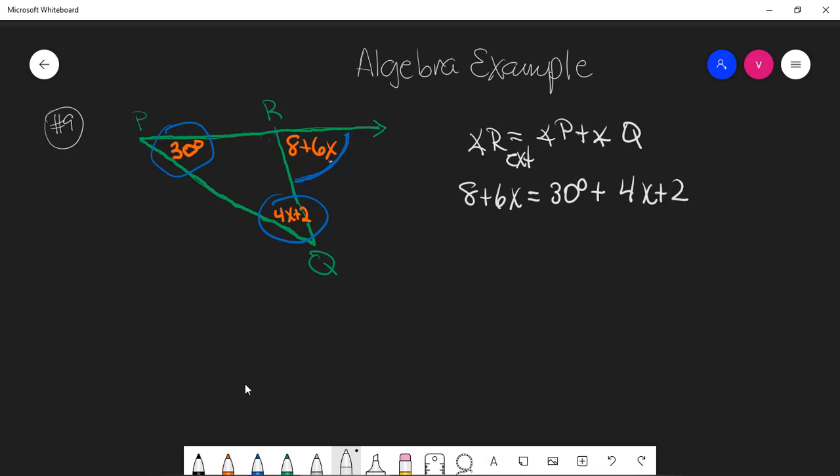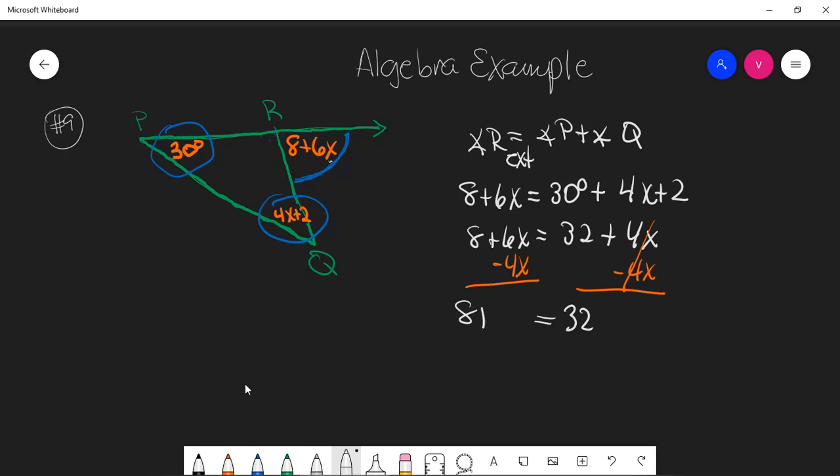Now you just simplify this a little bit. So 8 plus 6x is equal to 30 plus 2, which is 32. We need to get the x's on one side, so I'm going to subtract 4x on both sides. So you're left with 32 over here, and 8 plus 6x minus 4x is 2x.